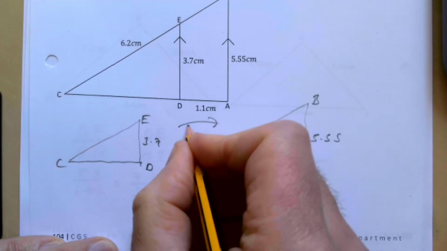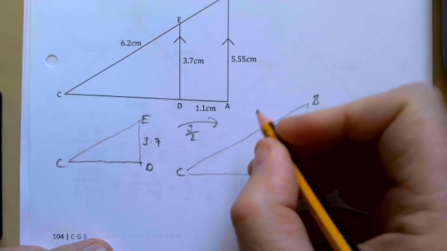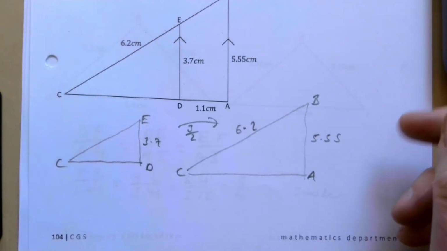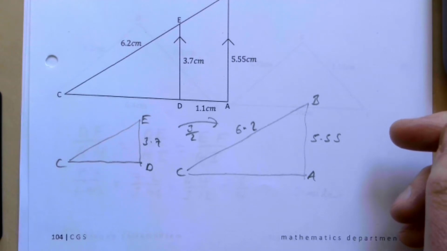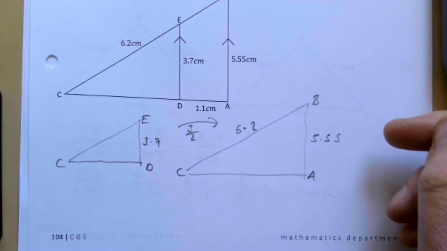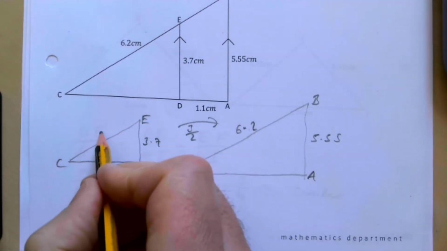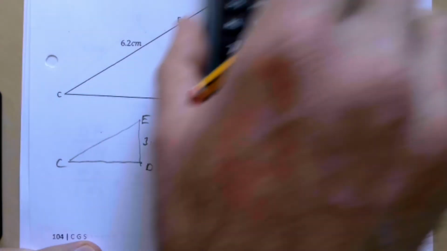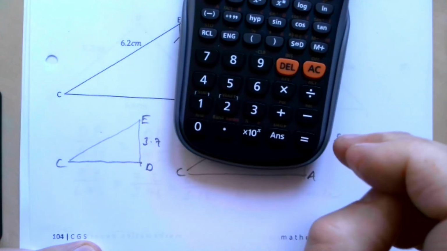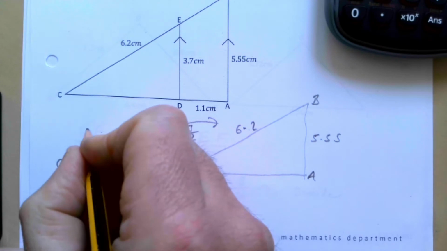We're timesing by 3/2 to get from the wee one to the big one, and I know that that's 6.2. So what do we have? Oops, 6.2 is the wee one. Find the length CD and BE. Okay, so to get this one here, I'm going to divide 6.2 by 3/2. That's not nice at all, so that's 4.13.